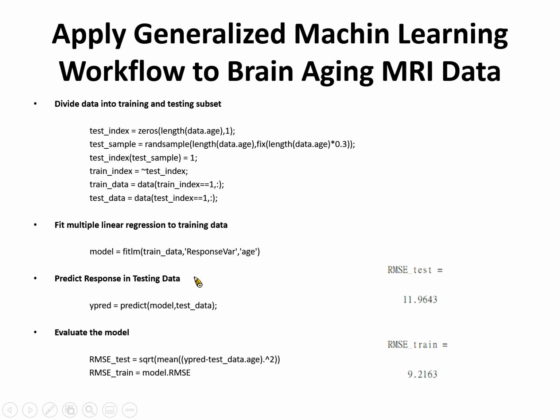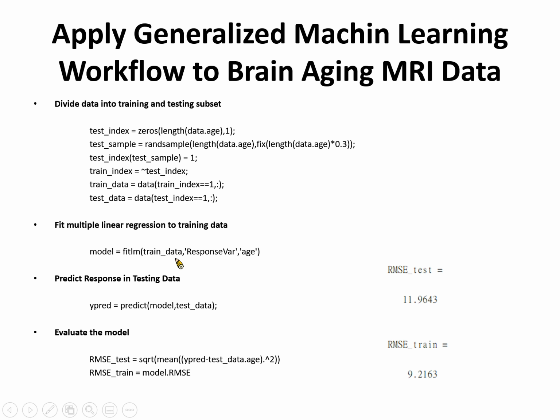Then we will use the fitlm function to do the multiple linear regression. Similarly, in this case, we simply need to define the response variable using age.